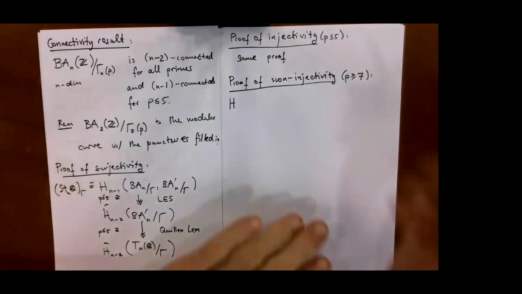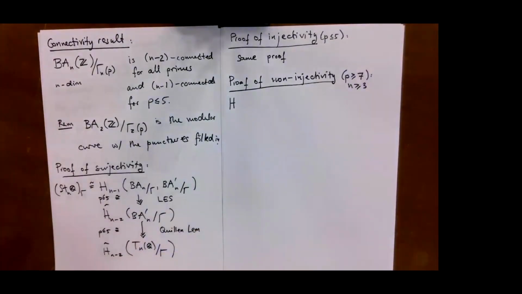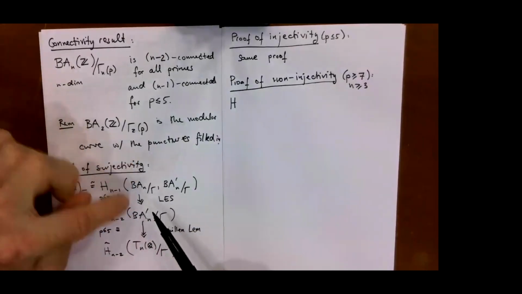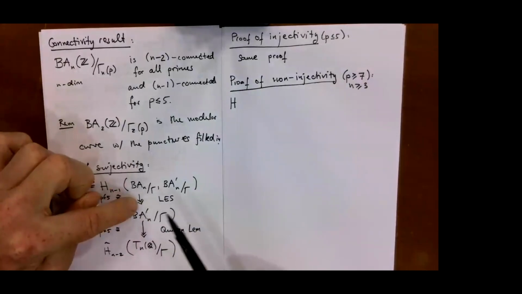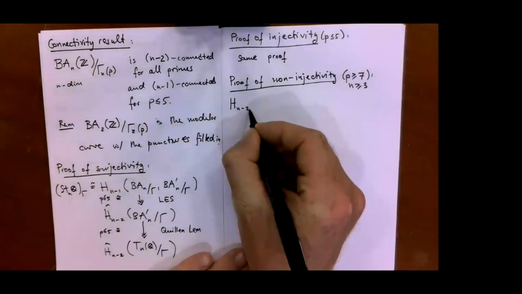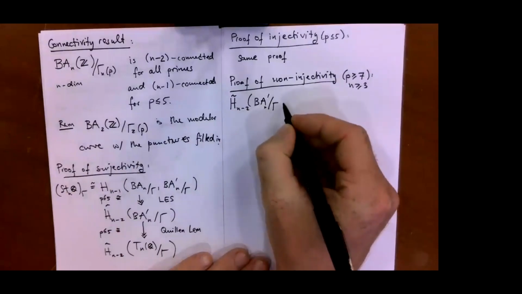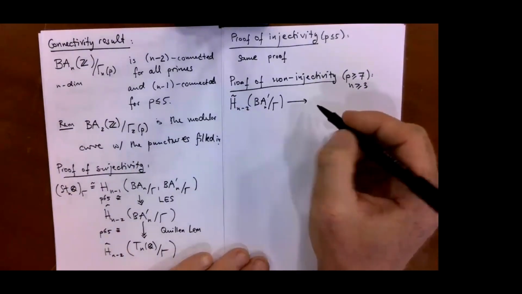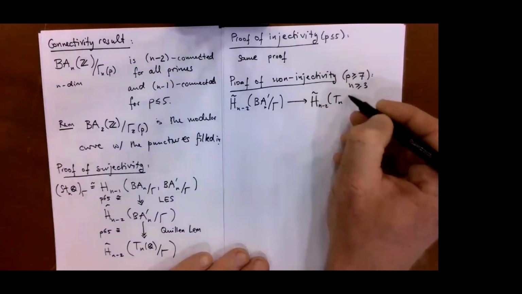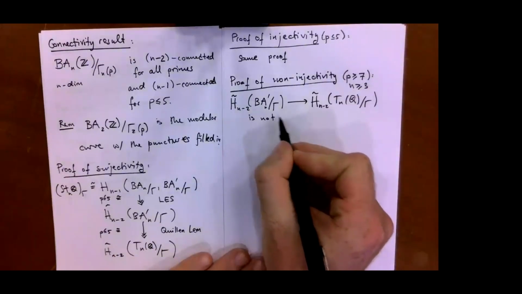But for n greater or equal to 3, we don't know whether this is 0 or not in the long exact sequence. We don't know whether this is injective or not, but we do know that this map is not injective. Sorry, I meant to say not injective.